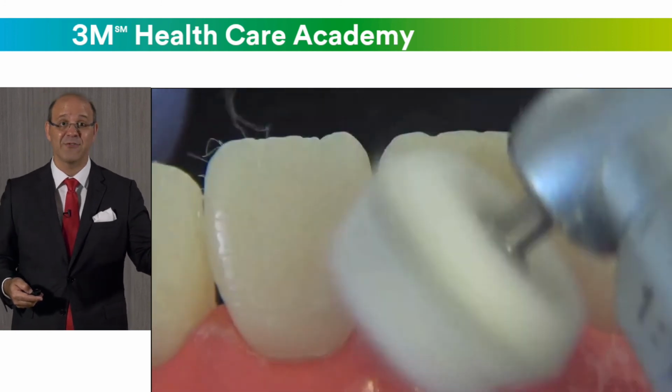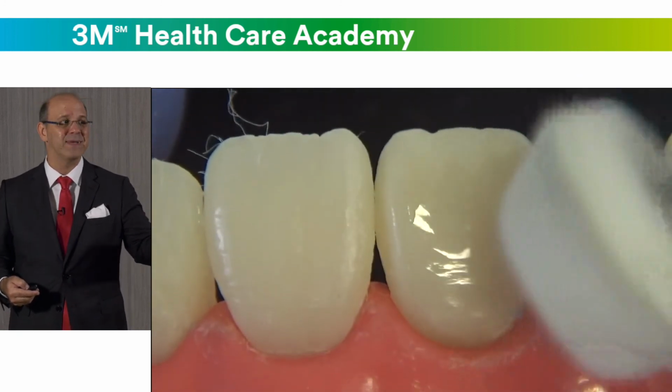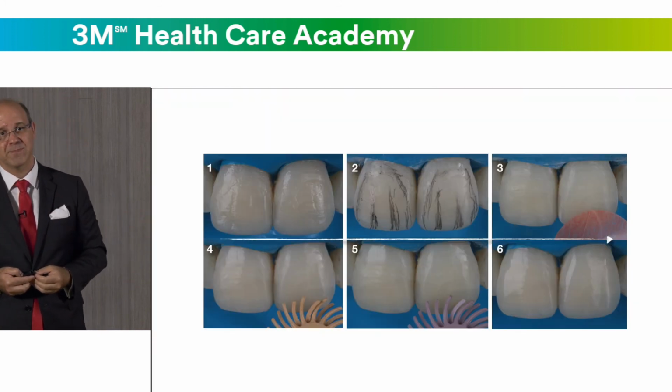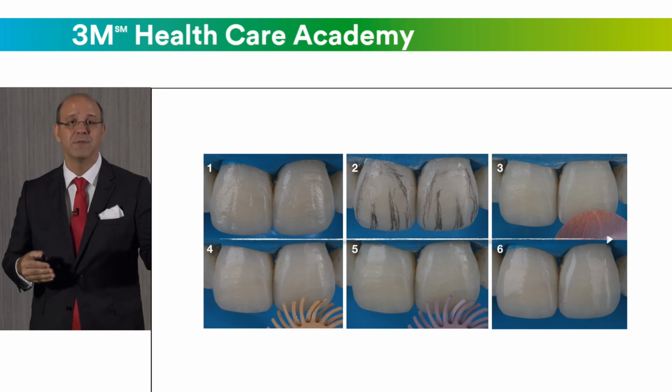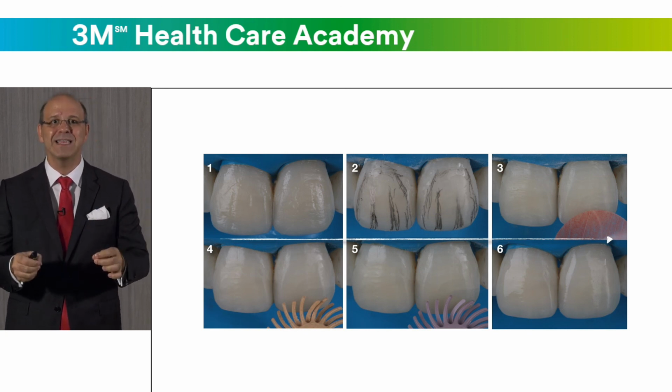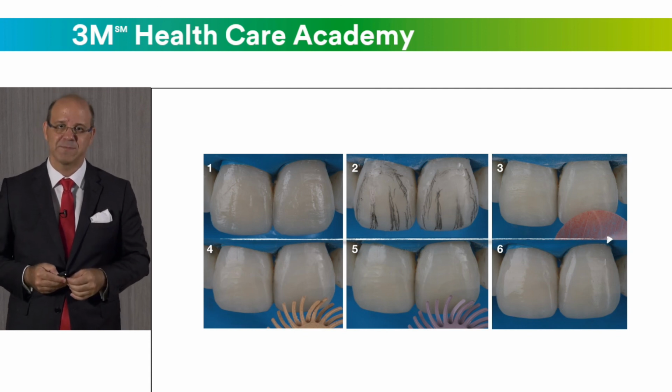Of course, it's a composite resin, it needs maintenance, but you have the natural outcome for the restoration. So if you follow all the steps, for sure you can get a predictable outcome on your direct composite restorations.